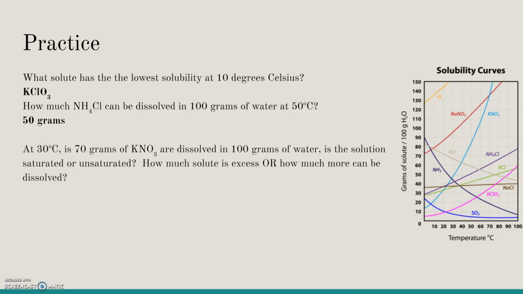At 30 degrees Celsius, 70 grams of KNO3 is dissolved in 100 grams of water. Is this solution saturated or unsaturated? How much solute is in excess, or how much more can be dissolved?